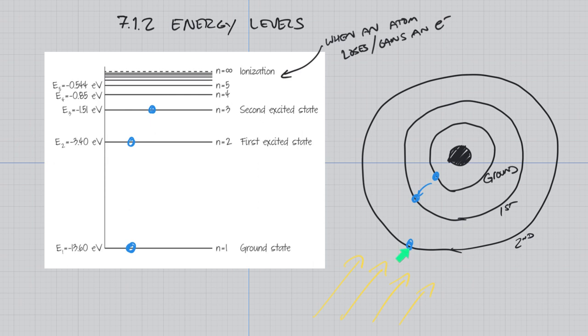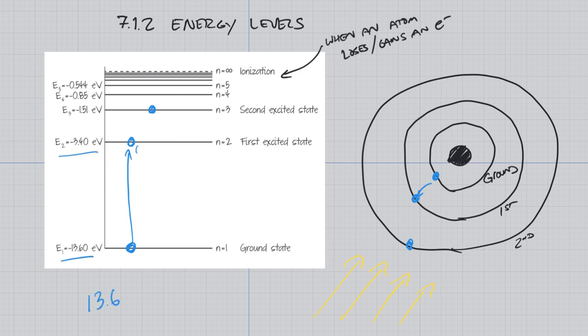Well, for it to gain potential energy, something had to give it energy, and it's the light that actually gives that energy. So for the electron to jump from this ground state here to excited state 1, a certain amount of energy had to be given, right? So that's what these energy levels do.